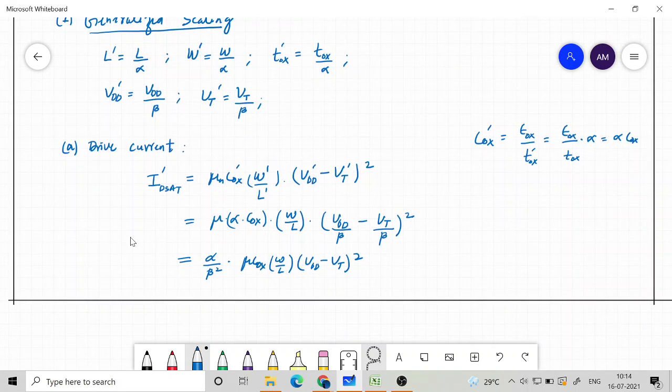So you can write it simply as alpha by beta square into ID sat. So the new drive current is alpha by beta square into the earlier current.